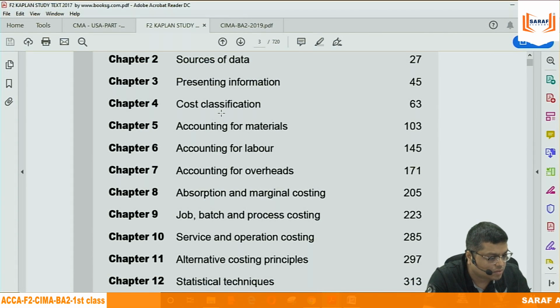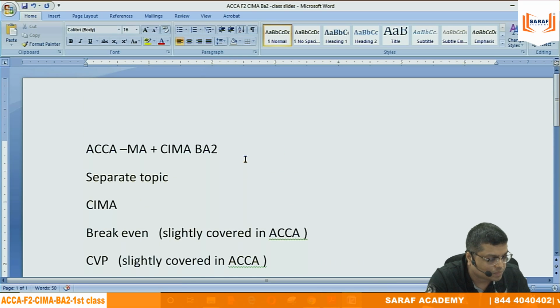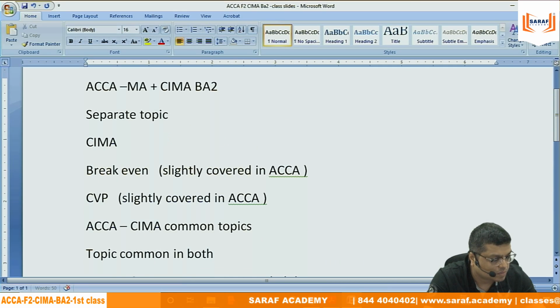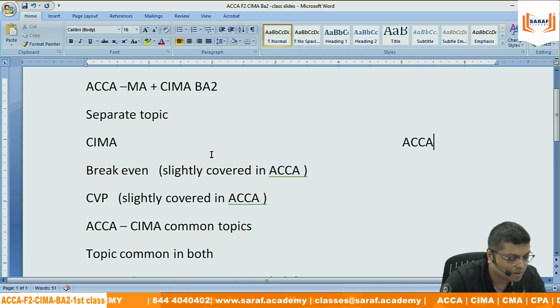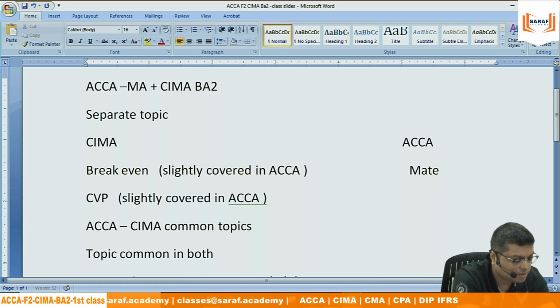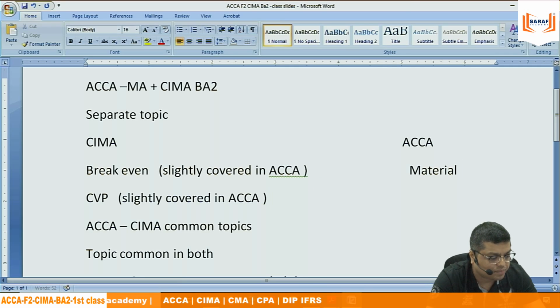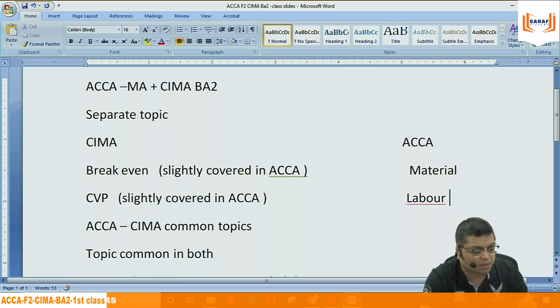Then comes material and labor. Material is there in ACCA but not in CIMA. Labor is there in ACCA but not in CIMA.